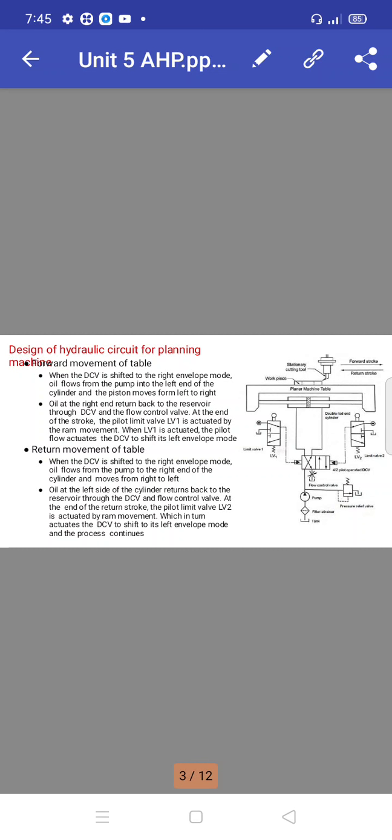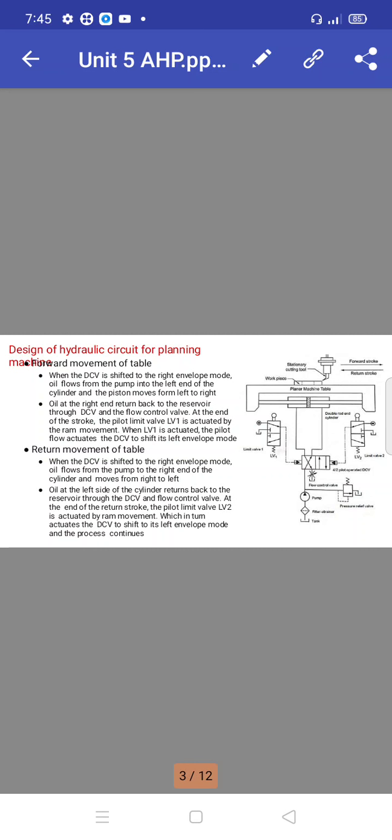Return movement of the table. When the table completes the forward stroke, it should go back to its original position. That is the return stroke here. When the directional control valve is shifted to the right envelope mode, oil flows from the pump to the right end of the cylinder and the piston moves from right to left.